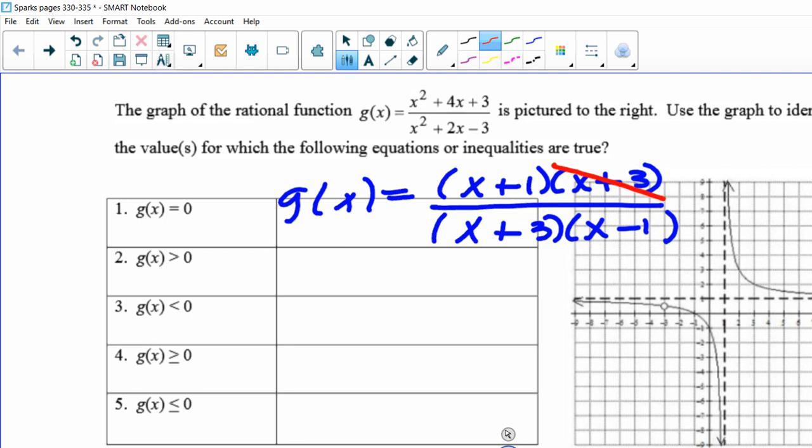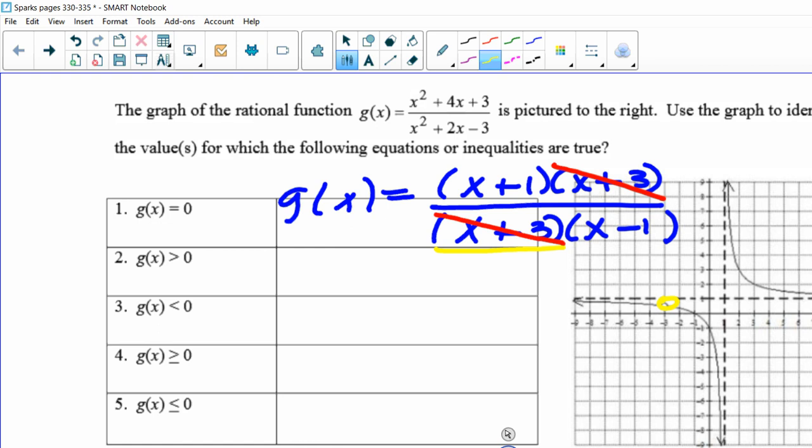When you have a common factor that factors out of the numerator and denominator, what does that tell you? You have a hole. And the hole is at the x value where this equals 0. At what x value does x plus 3 equal 0? That's why you have a hole at x equals -3. How do you find the y value of the hole?